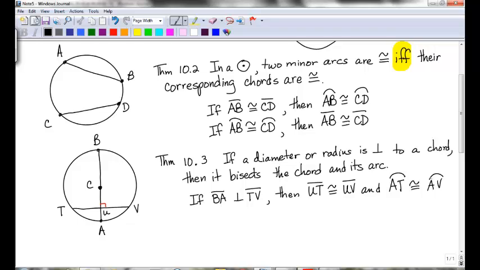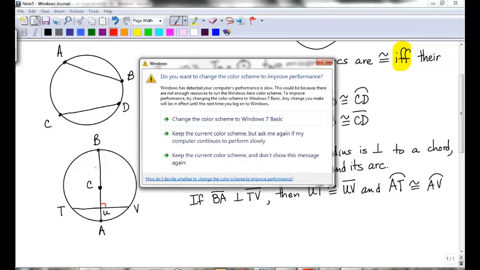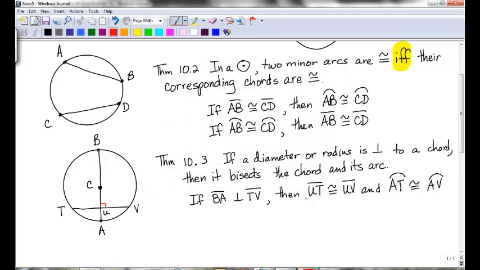So we can mark this if it's a diameter. Now it could also be a radius, because if I cut it off like that, if this is a radius perpendicular to a chord, this is my chord, then that radius or diameter automatically bisects this chord, so therefore this is equal to this.